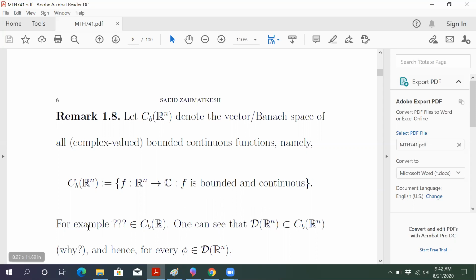And can you give me an example of a bounded continuous function on R, on one-dimensional space? Guys, I changed my mind. Since I want you to be involved in the discussion, if you would like to, you can unmute your microphone.